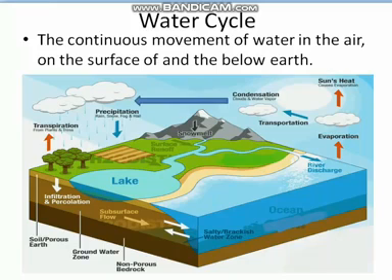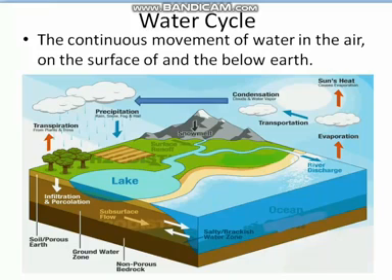The water cycle can be simply defined as the continuous movement of water in the air, on the surface of, and below the earth. That means you already know that water is present in the air, it's also present on the surface of earth, and it's also present below the earth. But this water is in continuous movement between the air and the surface or the below surface of the earth.